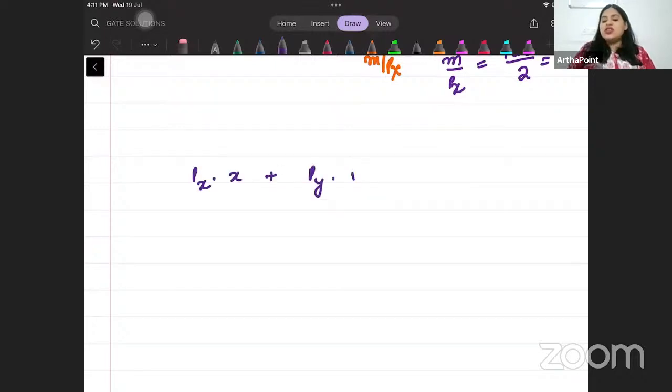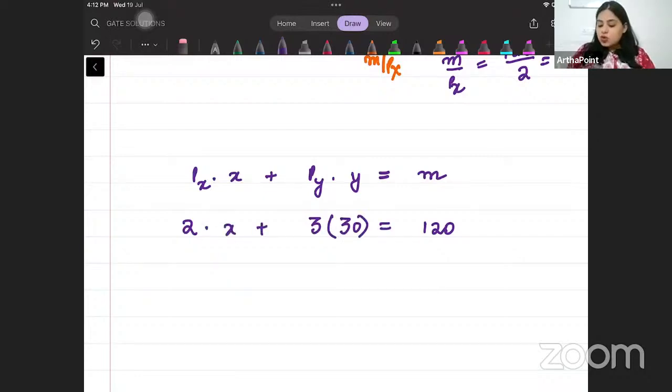You should do the complete analysis. Do not rush the question. Do not speed up. Do not think that you just have to quickly solve the question. Go through the entire process of solving it. So income is 120. Price of good X is 2 and price of good Y is 3. I can consume maximum 30 units of good Y. So 2X plus 90 is 120.